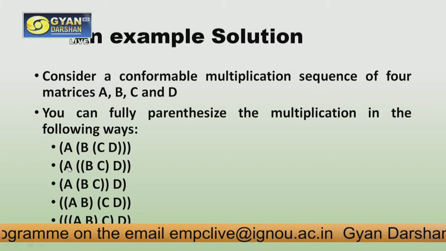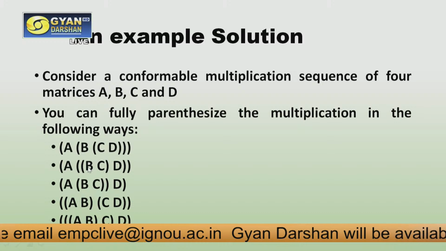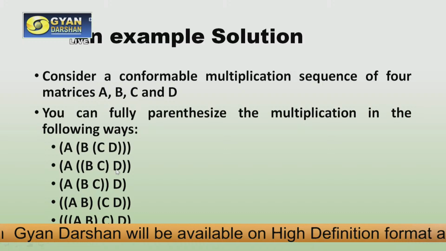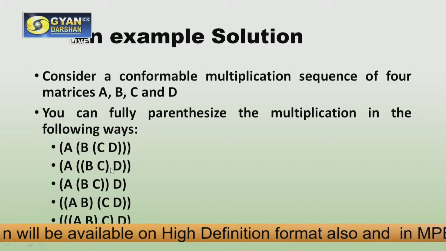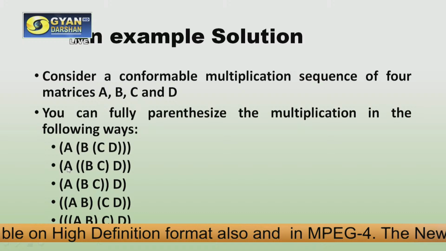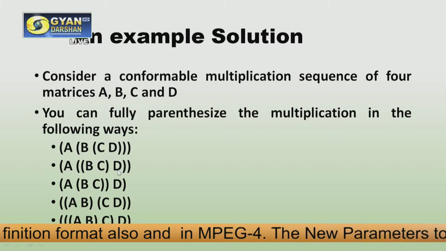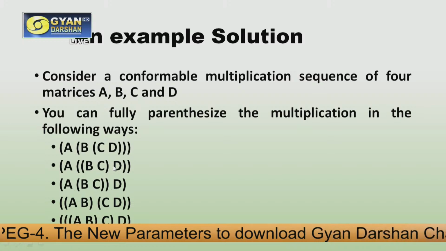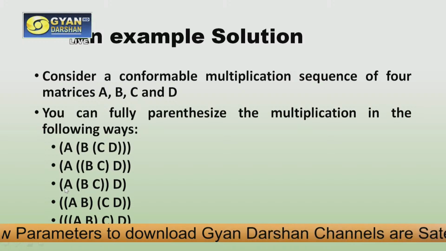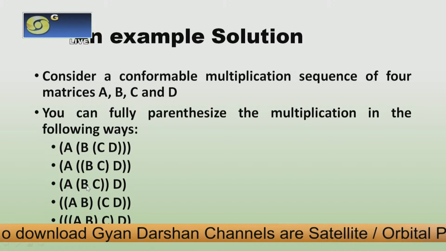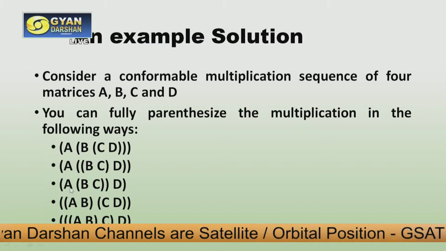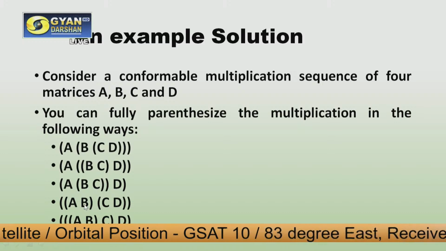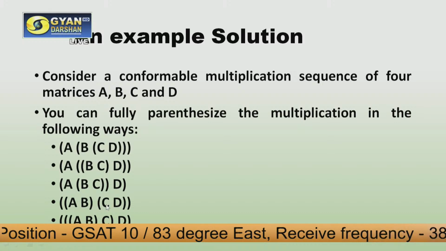In this case, we first multiply BC, then multiply the product of BC with D, and then A is multiplied with the product of BC and D. In this other case, BC is multiplied, then A is multiplied with the product of BC, and finally this product is multiplied with D. Here AB will be multiplied, then CD will be multiplied, and their product will be multiplied.